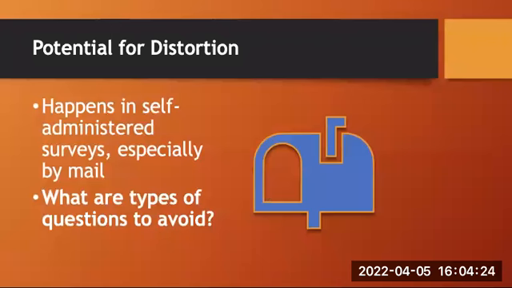Distortion is likely to happen when any self-administered data collection instrument is used, so we need to keep that in mind, especially when data is collected by mail, because we also do not know whether or not participants understood what was asked or if they responded honestly.